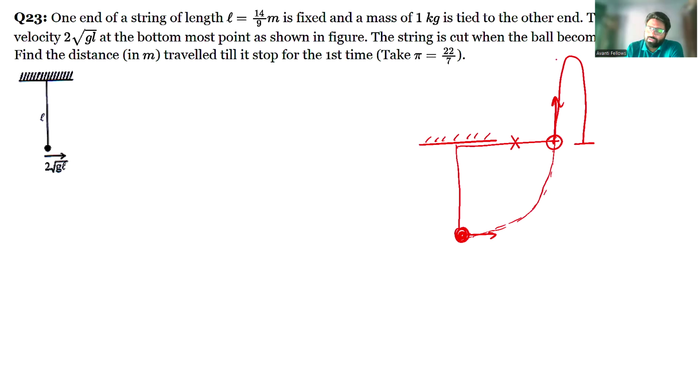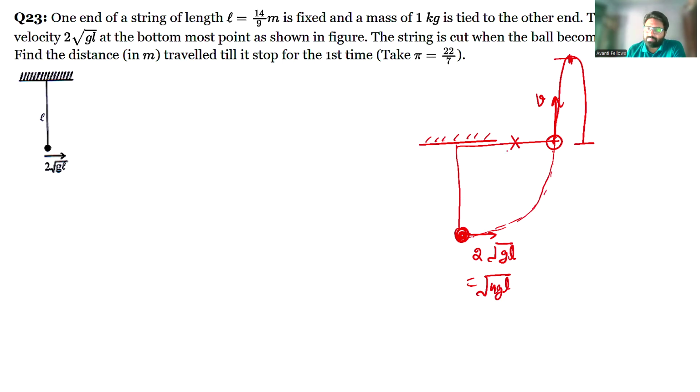So at this position, it will stop for the very first time. Got it? Now at this point, we have to find out the velocity. Then we can easily find out the distance traveled by the ball when it stops for the very first time. First of all, the given velocity is 2 into root gl, which we can also write as root 4gl.